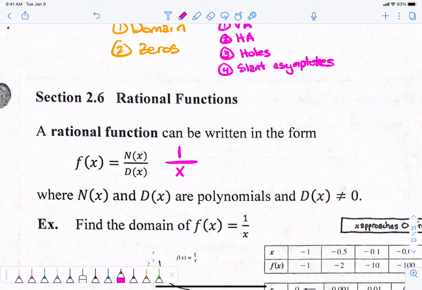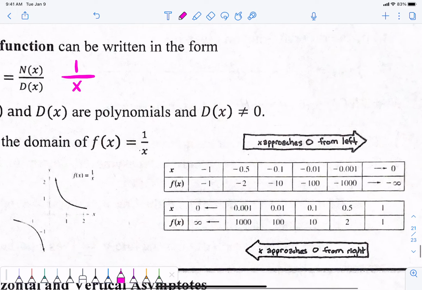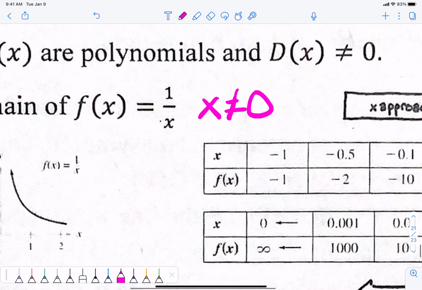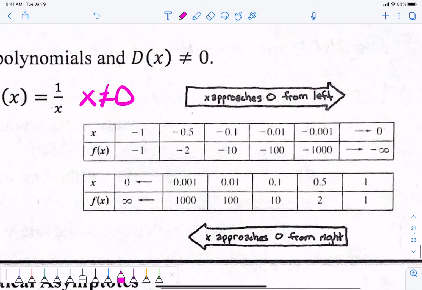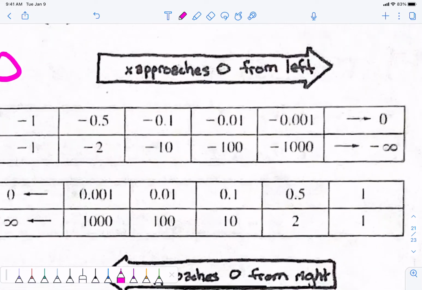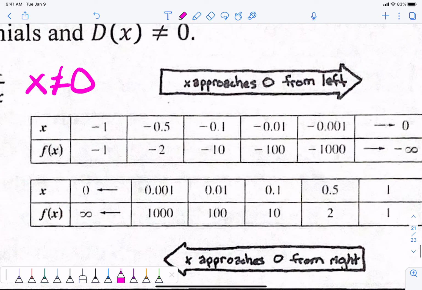So looking at 1 over x, we know from the domain that x can't be 0, right? Because we don't want to ever divide by 0. What they've done here is they've looked at a table and they're plugging in numbers that are really, really close to 0, since we can't plug 0 in exactly. Looking at this first table, they're starting at -1, and then -1/2, then -0.1, -0.01, and -0.001.